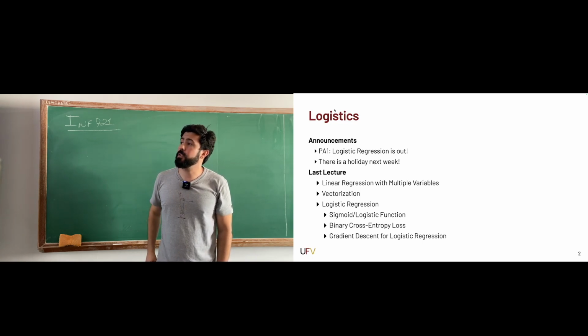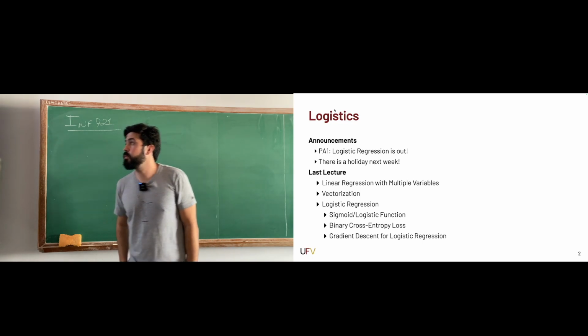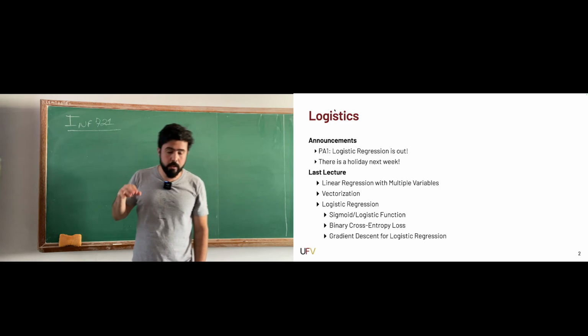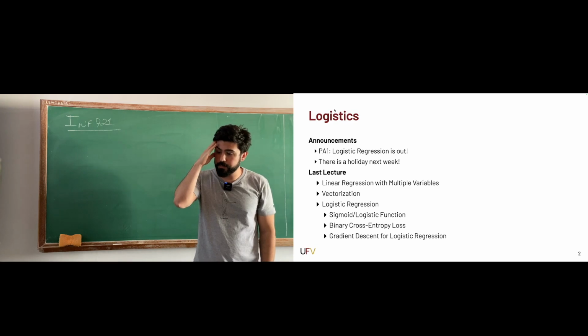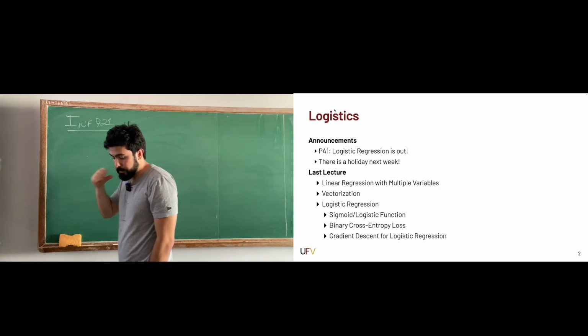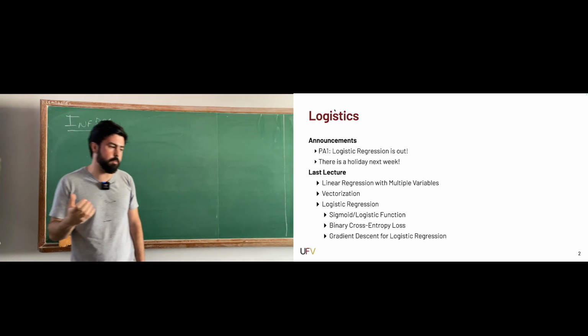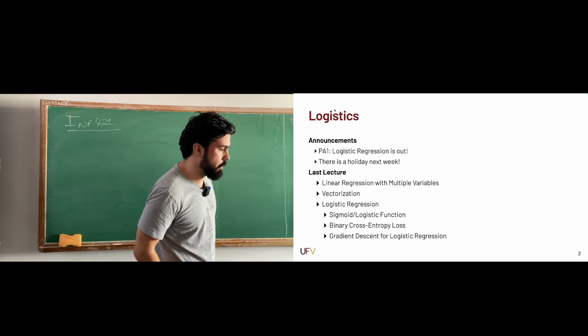All right. And last lecture we talked about linear regression with multiple variables. Then we saw the importance of vectorization, this idea of using special instructions in your CPU and GPU to speed up your machine learning code.